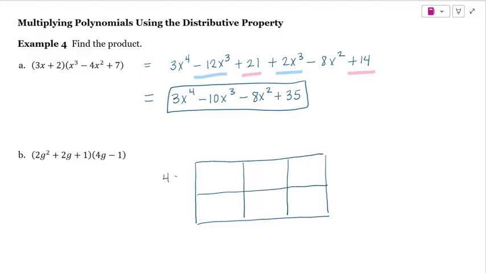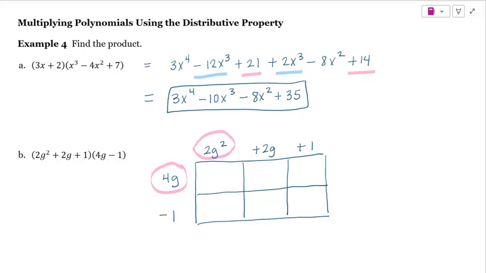I'll write 4g and then a minus 1 here. 2g squared plus 2g plus 1. I'm just writing each of the terms over a column or a row. And then I'm going to go just 2 terms at a time and multiply them. It's kind of like those multiplication tables that we had back in elementary school.